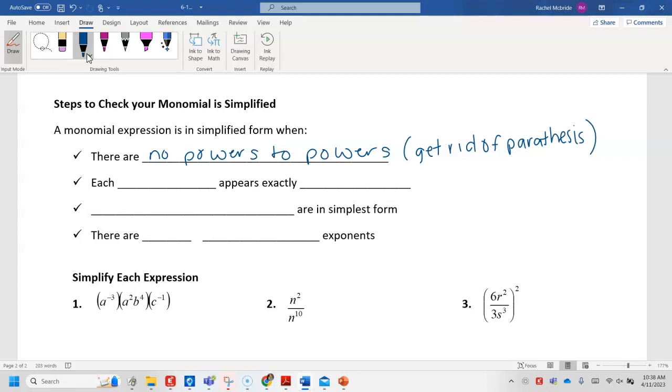Each variable appears only once. Each variable appears exactly once, AKA combine like terms.